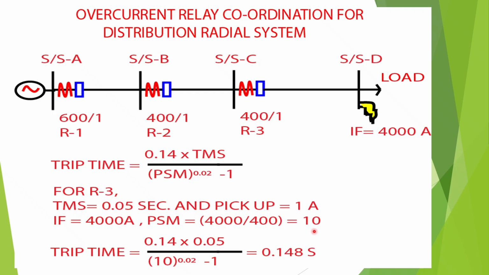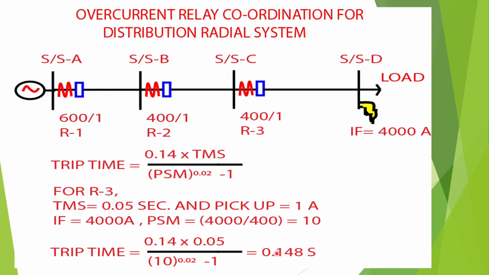So PSM is equal to 10. The relay trip time as per the chosen TMS of 0.05 comes as 0.14 into 0.05 divided by 10 to the power 0.02 minus 1, which is equal to 0.148 second or 148 millisecond.